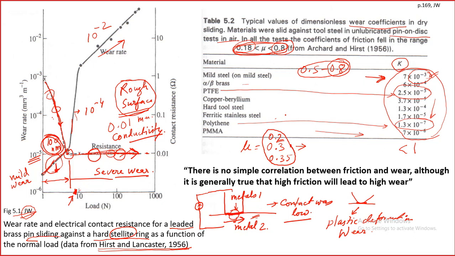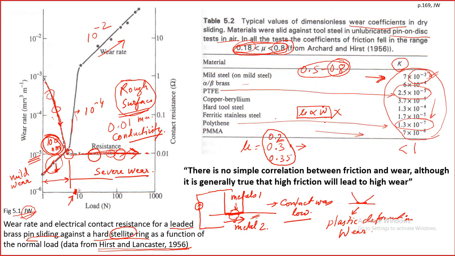And another important thing we should remember is there is no simple correlation between friction and wear. Although we would like to have one nice equation where we can relate mu with W, specific wear rate, there is no such simple relation.